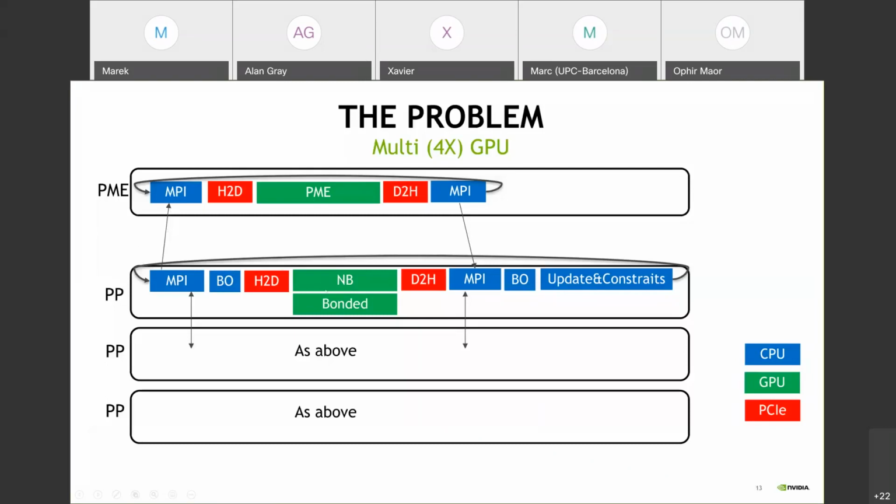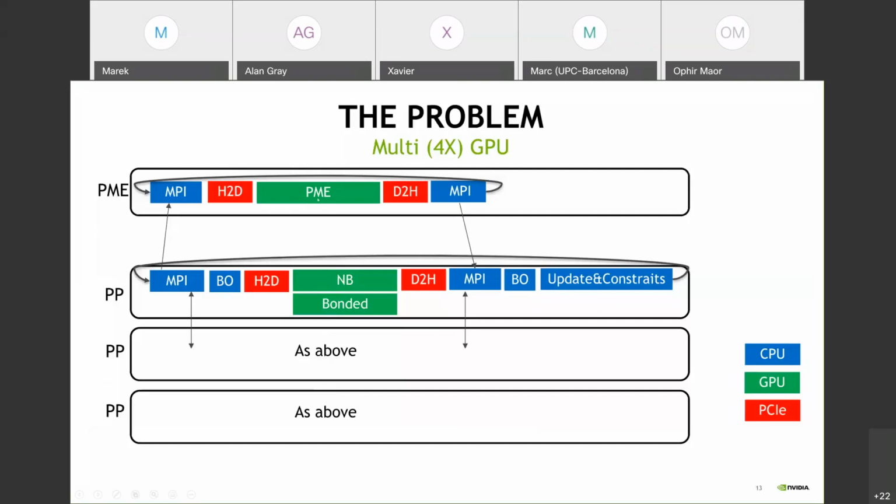And then the remaining GPUs can then be assigned the rest of the forces, and these are further decomposed such that parts of them are calculated across each of these remaining GPUs. Okay, so in this case, what I'm showing is a 4 GPU simulation where we have 3 PP GPUs, each of them doing a third of the non-bonded and bonded forces, and the PME GPU is doing the PME forces.